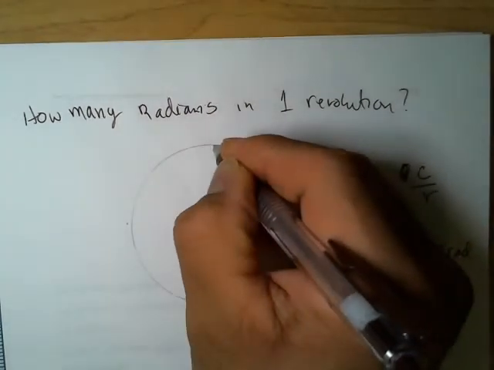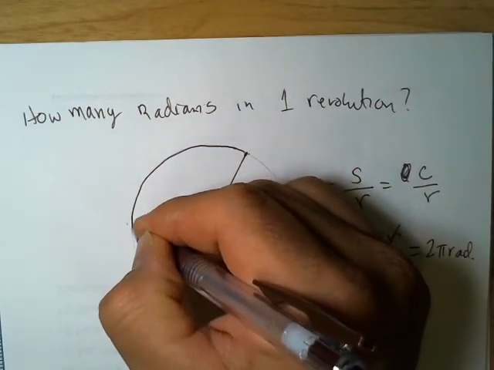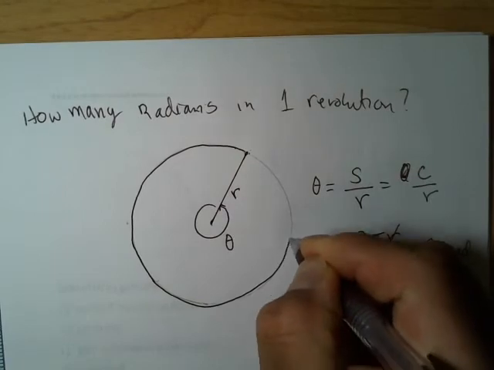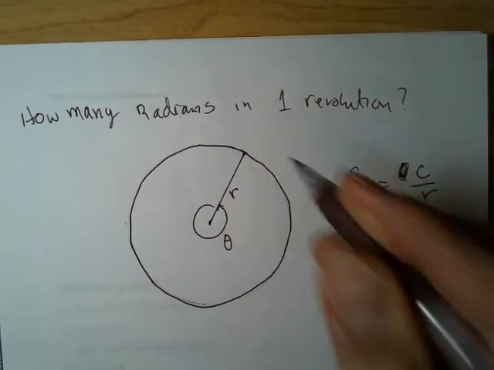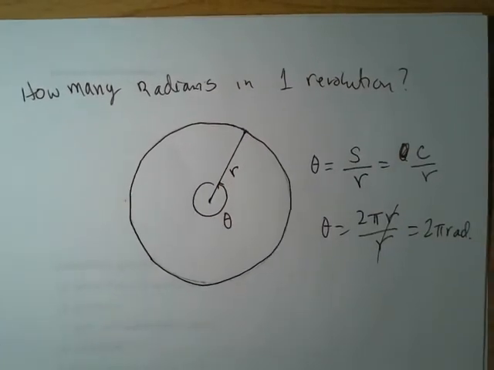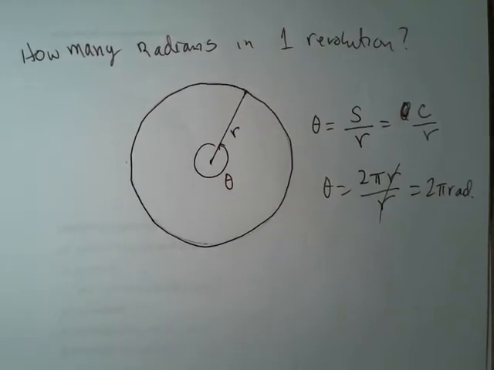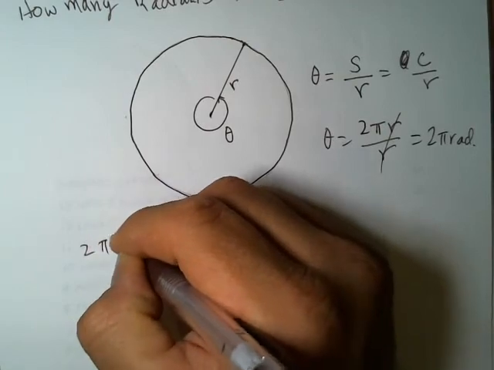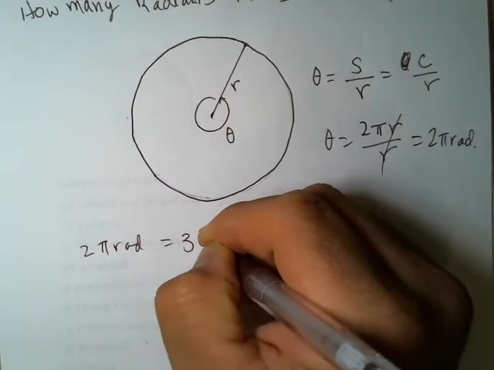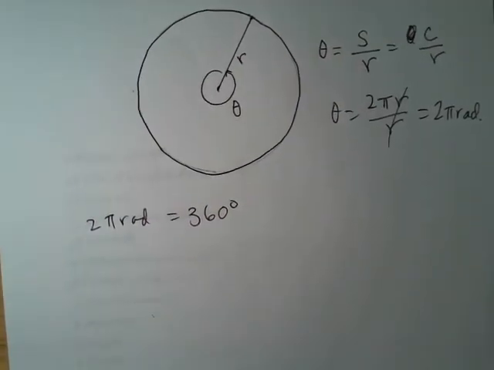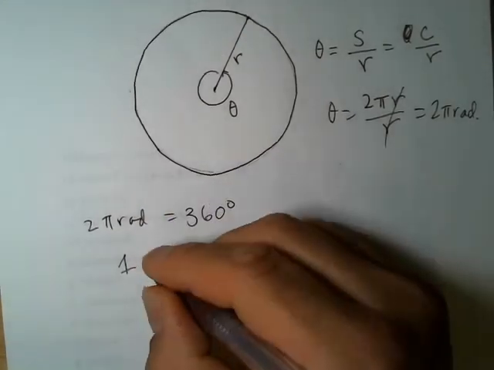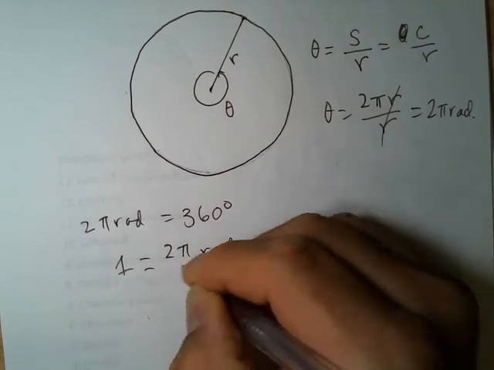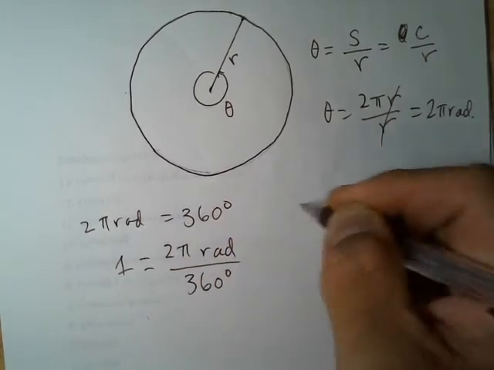So that's why 2 pi radians is the amount of radians in one complete revolution. Now that gives us our conversion factor: 2 pi radians is equal to 360 degrees. Dividing by 360, or vice versa, dividing by 2 pi radians, the conversion factor is this.